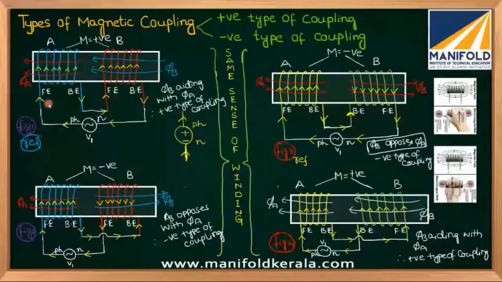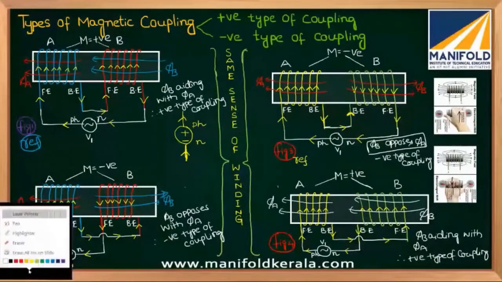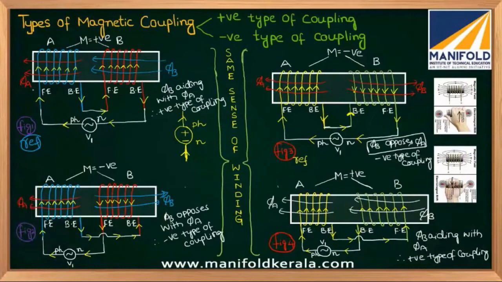Then you may get one doubt: where do I have to assume dots? Tell me in this figure number 1 where you can assume dots. Front end, Bharat. Okay, very good.